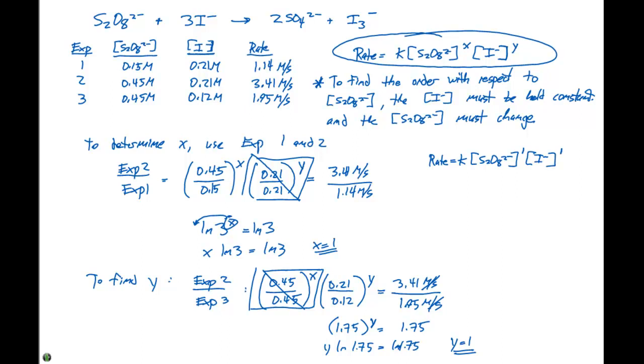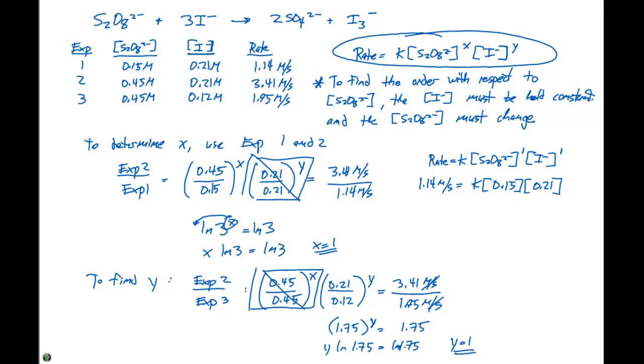We can now use any one of the three experimental data that we have right here to determine k. So I'll just plug in the first one. 1.14 molar per second is going to equal k times the concentration of S2O8 to the first power, which is 0.15 molar, times 0.21 molar also to the first power.